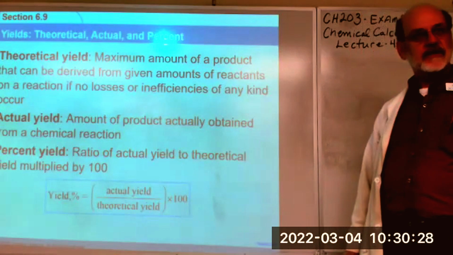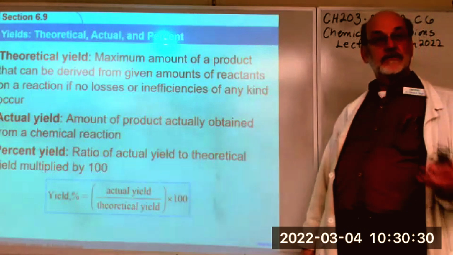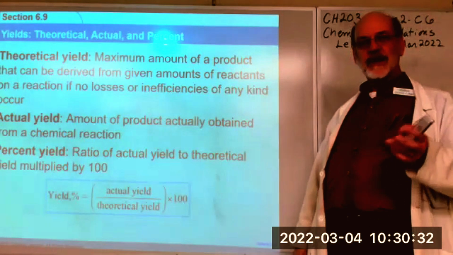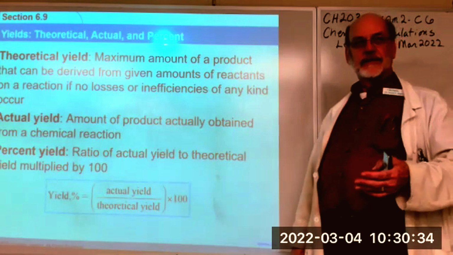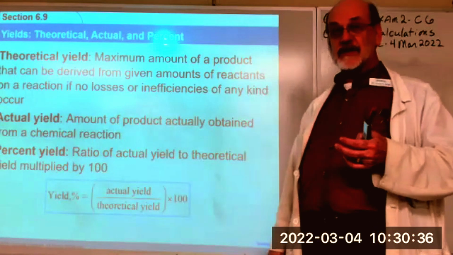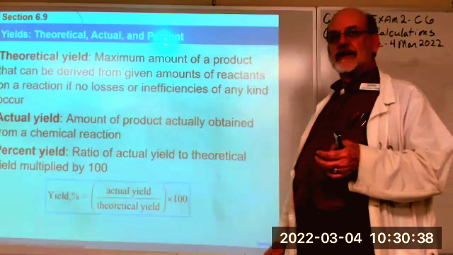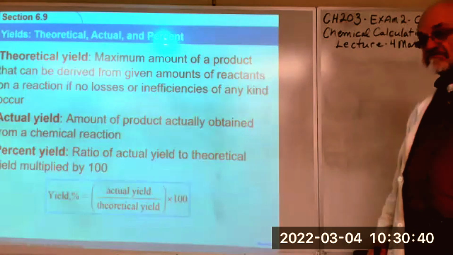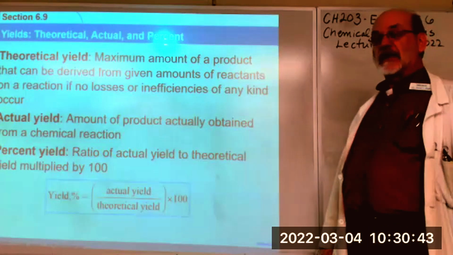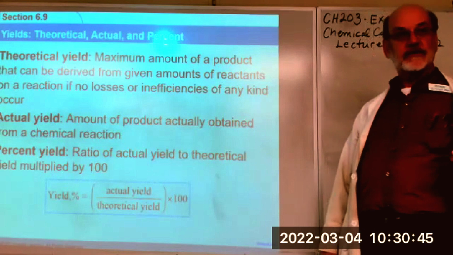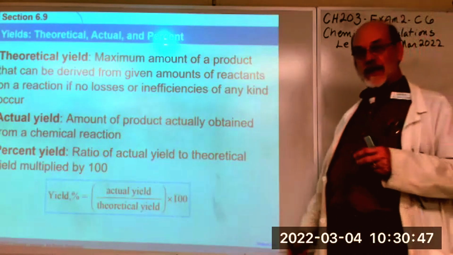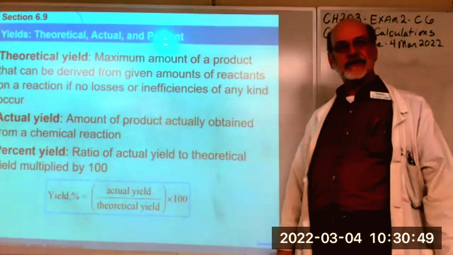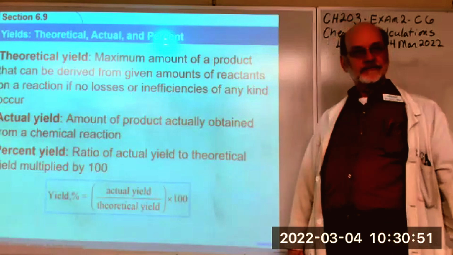The Haber process is like that, where you convert nitrogen from the atmosphere, combine it with hydrogen, and make ammonia. If you're getting 15% yield, you're doing good. Others, you can expect 90% yield. It just depends on the reaction and how good you are at producing the product in its purified form.